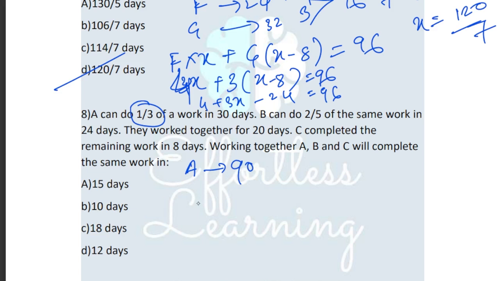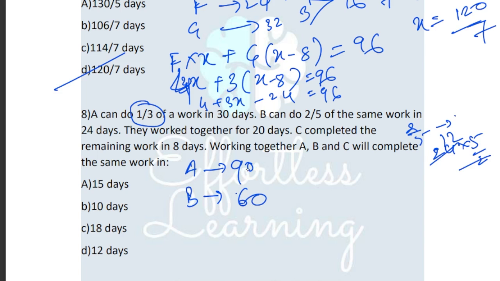And B does 2/5 of the work in 24 days, so he will do it in 60 days. How? 24 multiplied by 5 divided by 2 is 60 days.